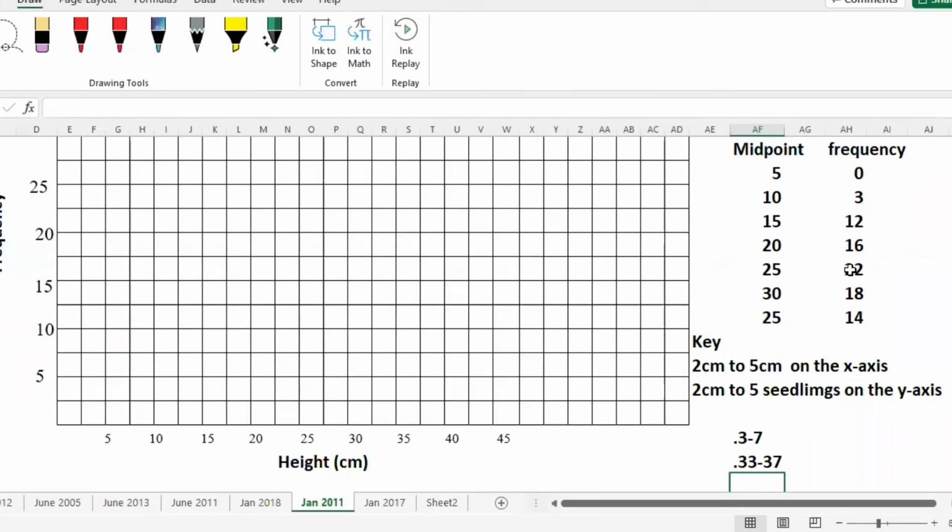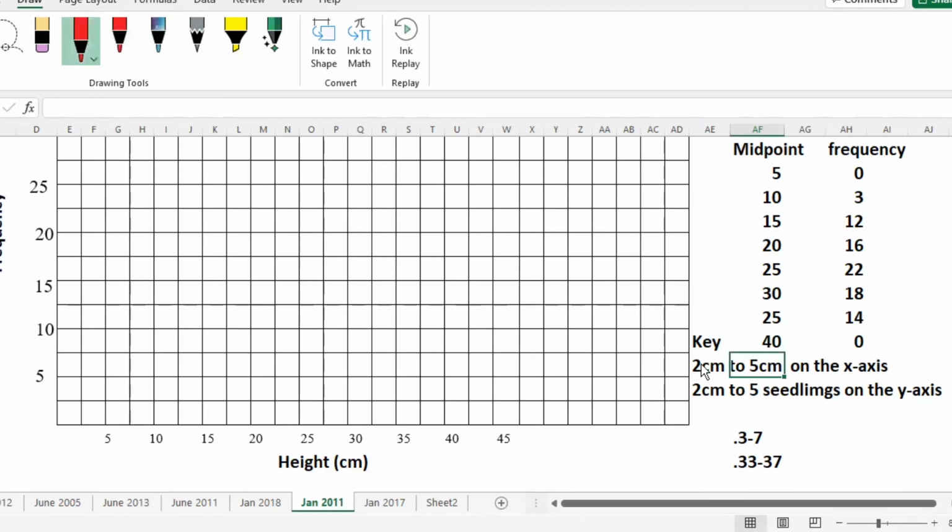The one that we're going to use to close off our frequency polygon is the last class that they asked us to assume, which had a midpoint of 40 and a frequency of 0. So both frequencies are 0, and that's what we'll use to close off our frequency polygon.